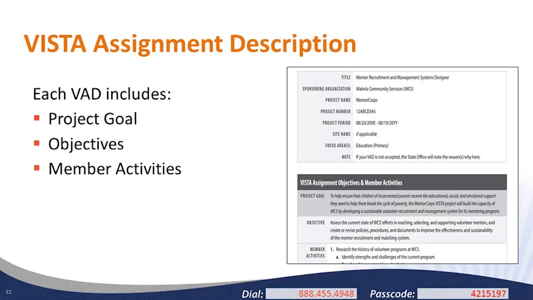The member activities are exactly what they sound like. They delineate specifically what you'll be doing. They're designed to add up to the objective and the objectives to the goal. By accomplishing the activities in your VAD, you help meet your organization's performance objectives on a yearly basis, which contributes to meeting the community need.